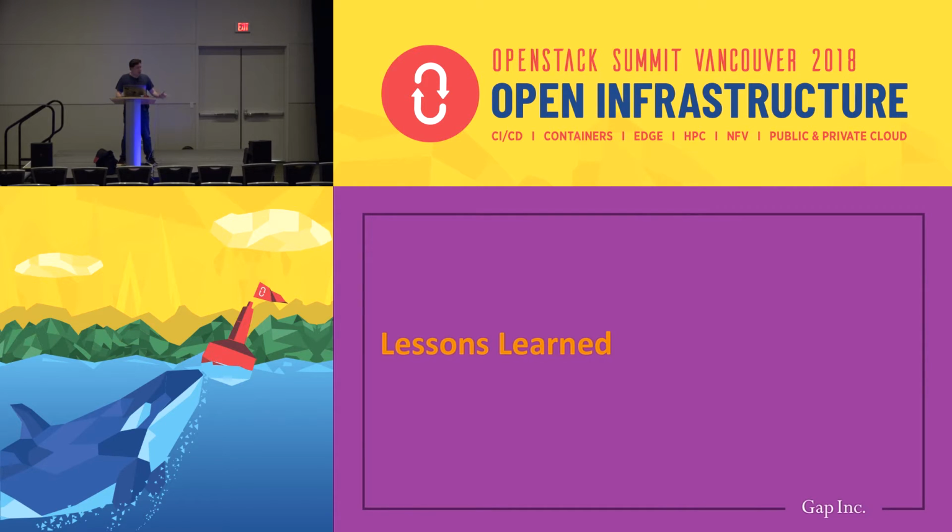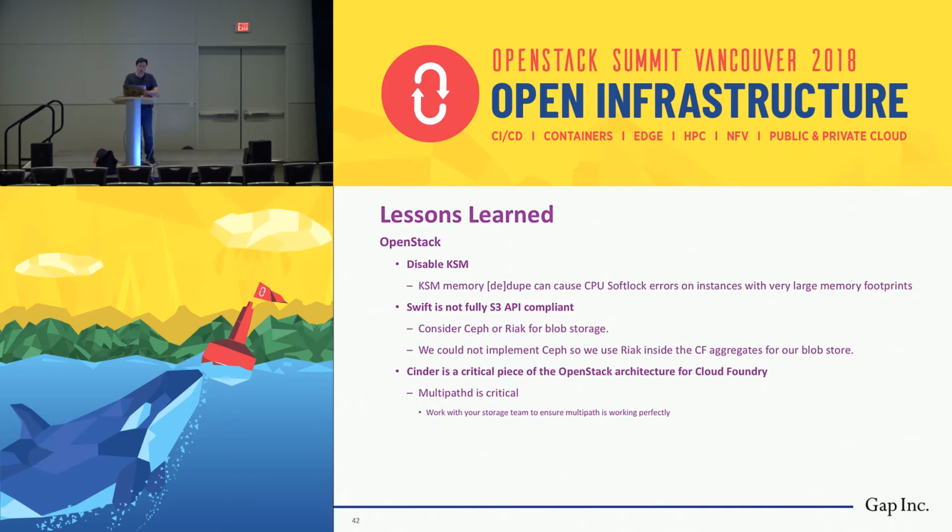The OpenStack lessons we learned were a few. Large memory footprint VMs, these 32 gigabyte VMs, they can have problems if you have KSM enabled. So KSM will basically run a dedupe on your memory. And that's great for saving on memory, but we made sure up front to buy enough memory, so we don't need it.